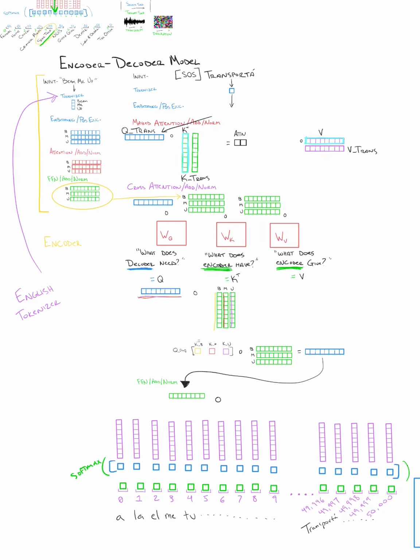Back to our translation example. When we run our new input through the decoder, the token transporta attends to the SOS token, which frankly doesn't yield much attention at this point, and works its way through the cross-attention layer where the encoder's key and value matrices maintain the exact same contextual embeddings as they were originally because nothing has changed to the output of our encoder.